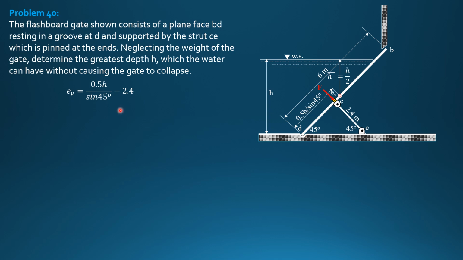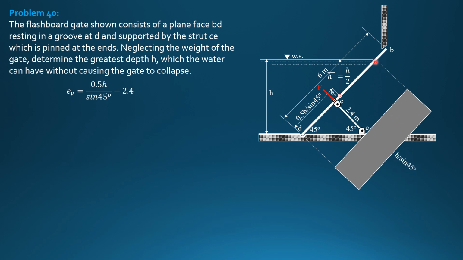Then the formula for e sub v is the height of triangle in contact with the liquid, squared, times sine of 45 degrees, over 12 h bar. In this formula, the length in contact with the water is h over sine 45.